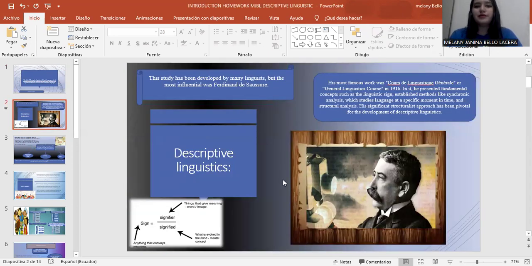This study has been developed by many linguists, but the most influential was Ferdinand de Saussure.